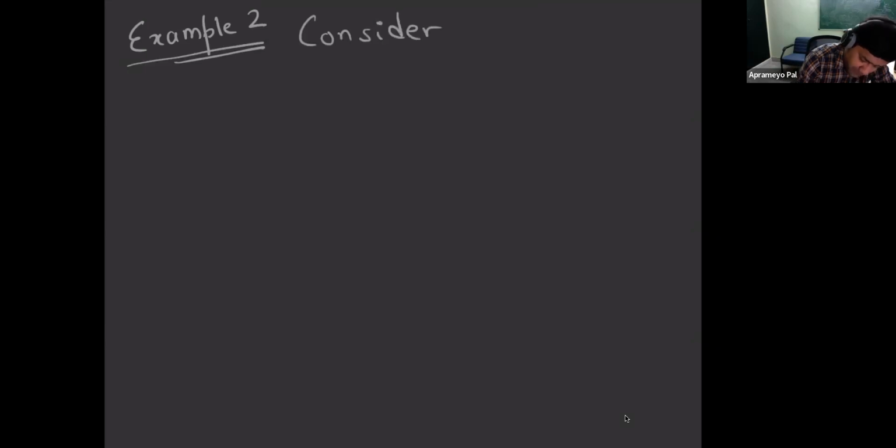Another nice example, which you have also seen for calculating first fundamental forms. Let us consider a surface of revolution.